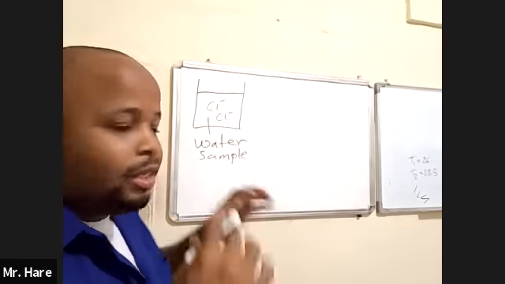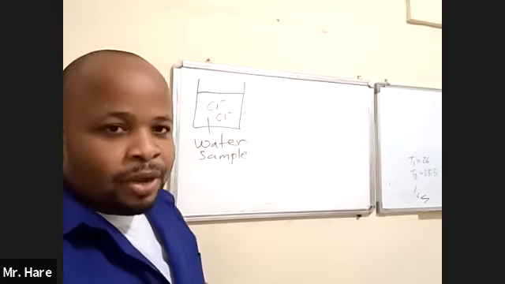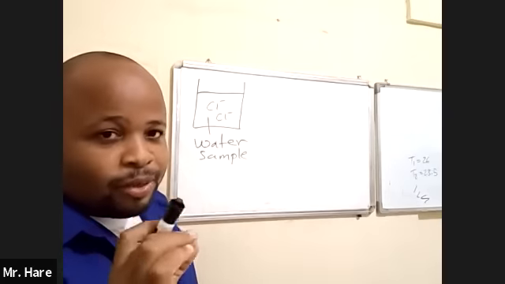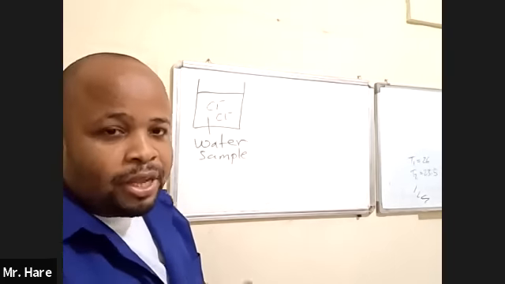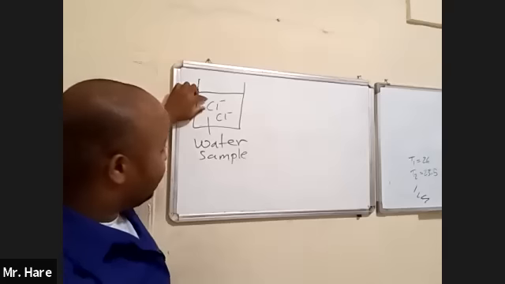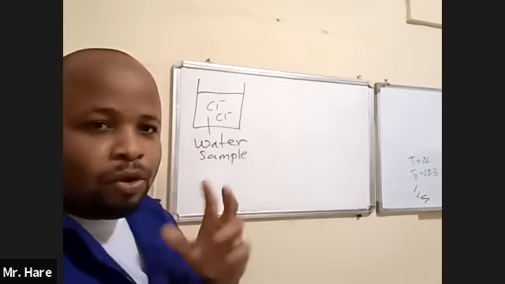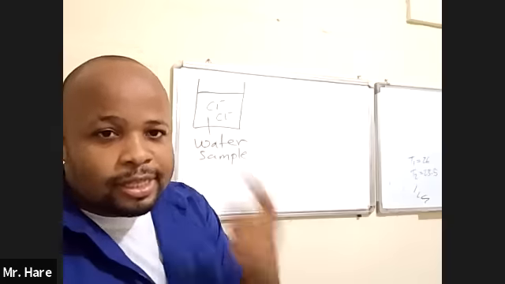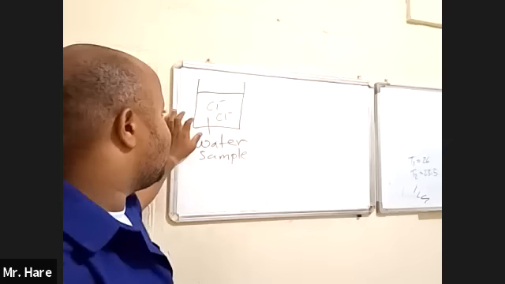If the chloride ion is present, we need to add a solution to the water sample such that one of the ions will combine with the chloride ion to form a precipitate, a compound that is insoluble in water. Now for group 7 elements, the chloride, bromine, fluorine ions, the two compounds that they form that are insoluble are with lead and silver. So the first thing I need to do is add a solution to your sample that will convert your analyte.